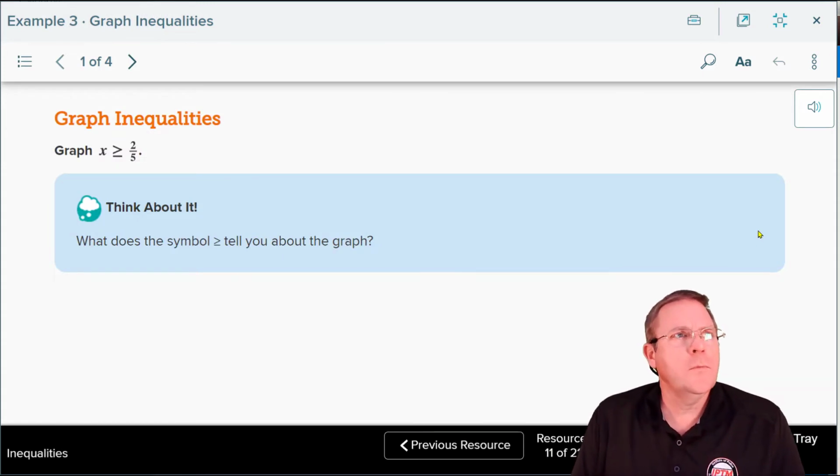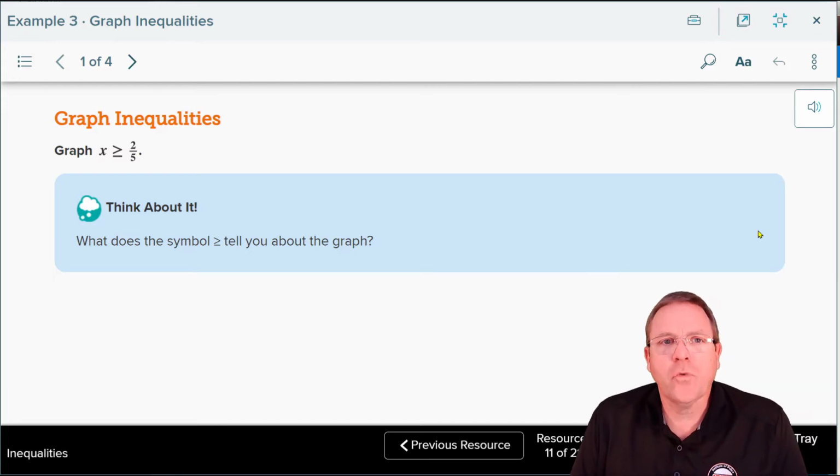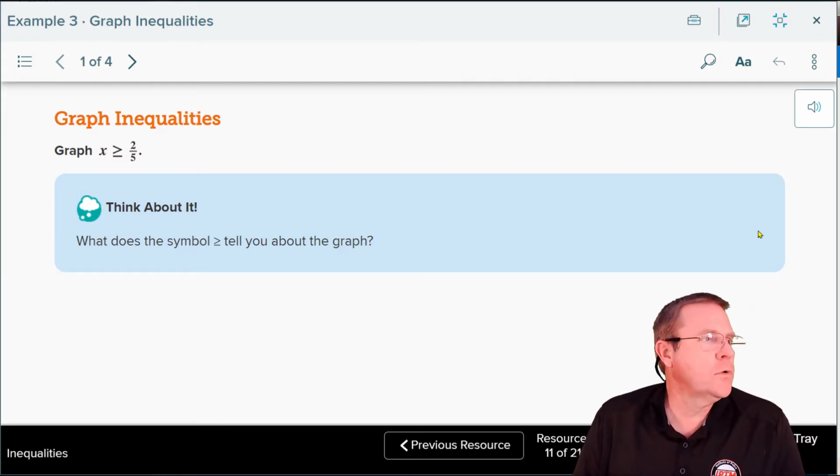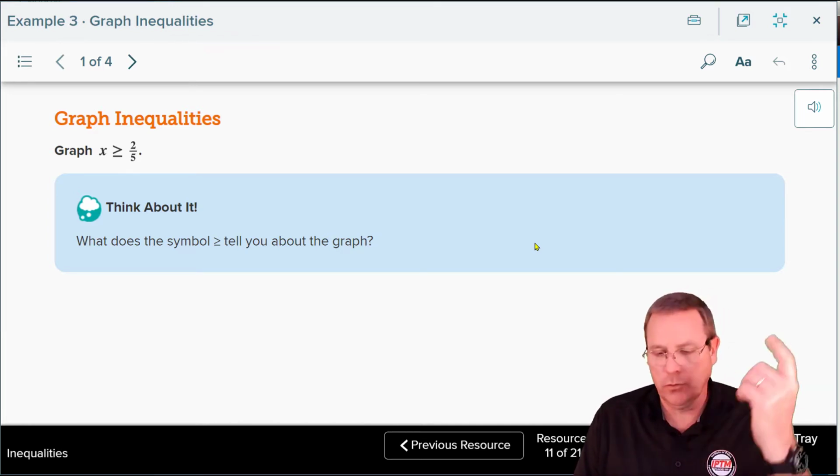But what if you had one like this that was an or equal to? This one says that x is greater than or equal to 2/5. Because it's or equal to, that means we're going to have to use the closed circle on it.